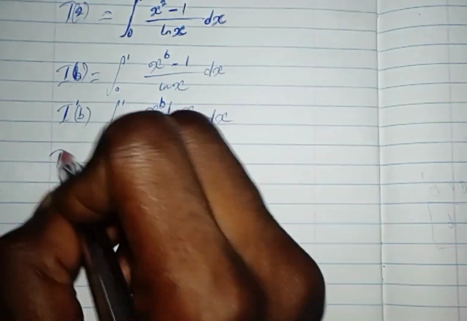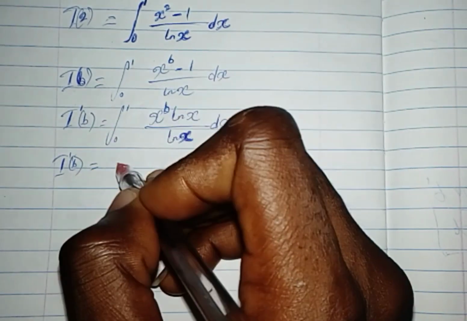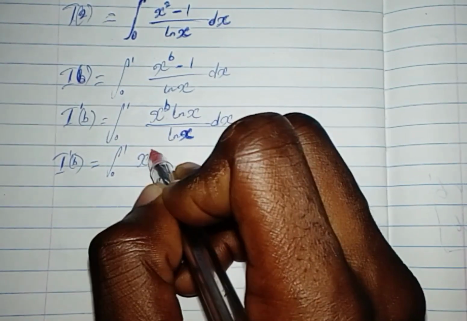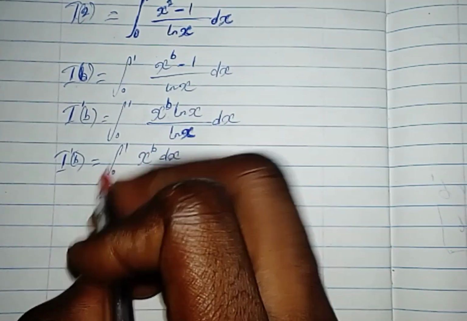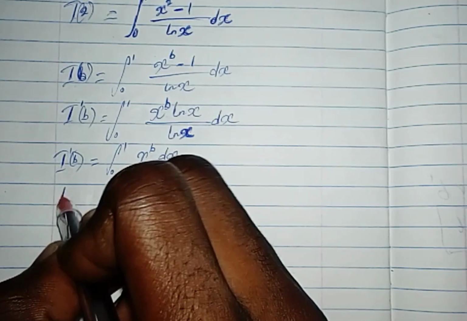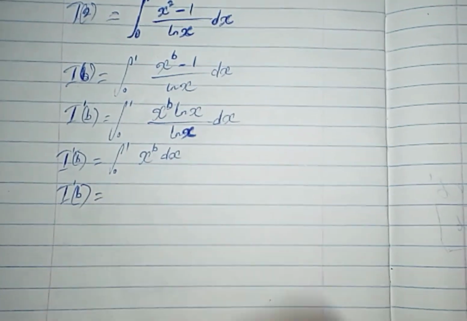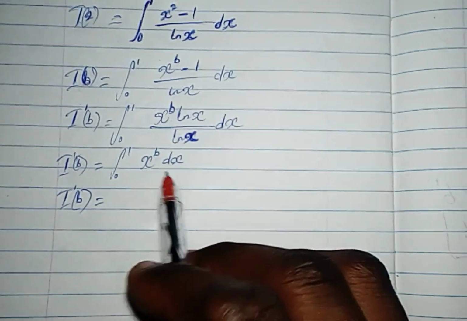So we have I prime of b equal to the integral from 0 to 1 of x to the b dx. We can integrate this, and integrating gives x to the b plus 1 over b plus 1.